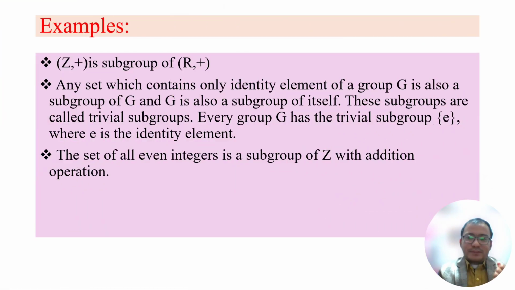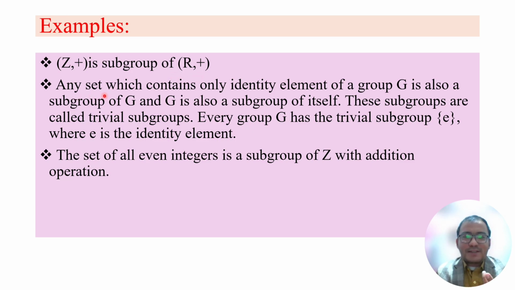Now some examples I have mentioned here. Taking the integers under addition, Z is the symbol for the integers, under the addition operation is a subgroup of the reals R under addition.